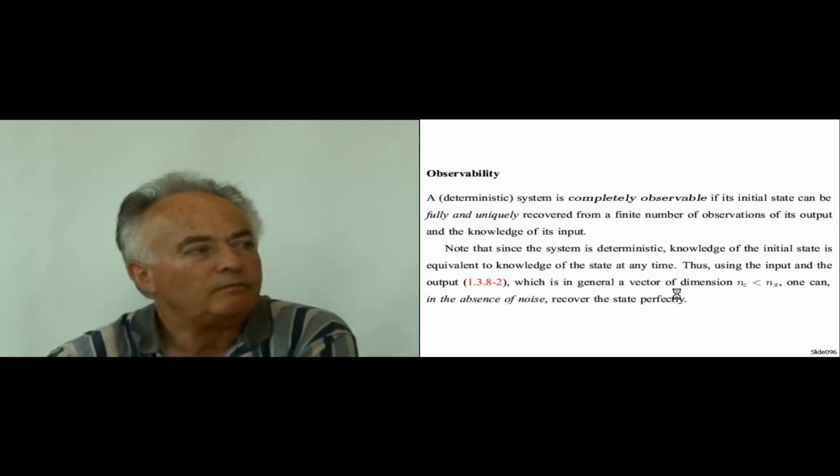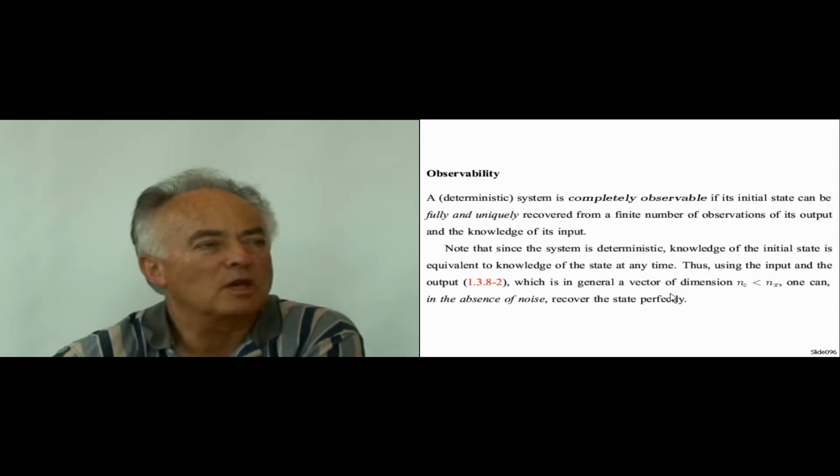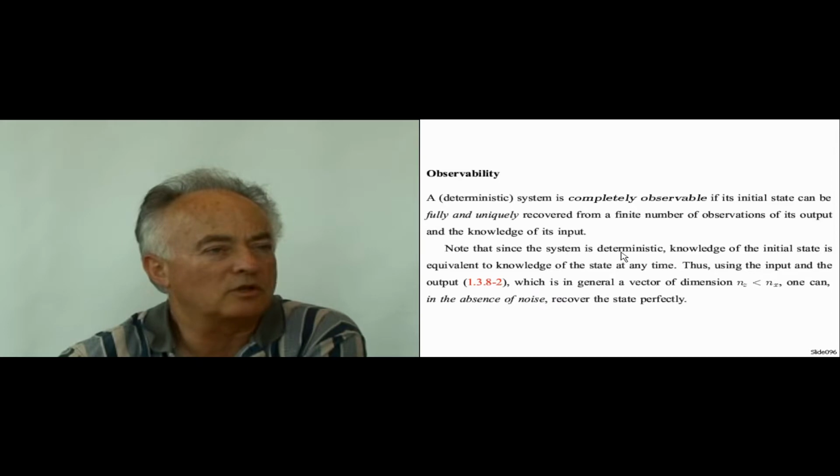Observability. A deterministic system is completely observable if its initial state can be fully and uniquely recovered from a finite number of observations of its output and the knowledge of its input. Note that since the system is deterministic, knowledge of the initial state is equivalent to knowledge of the state at any time.